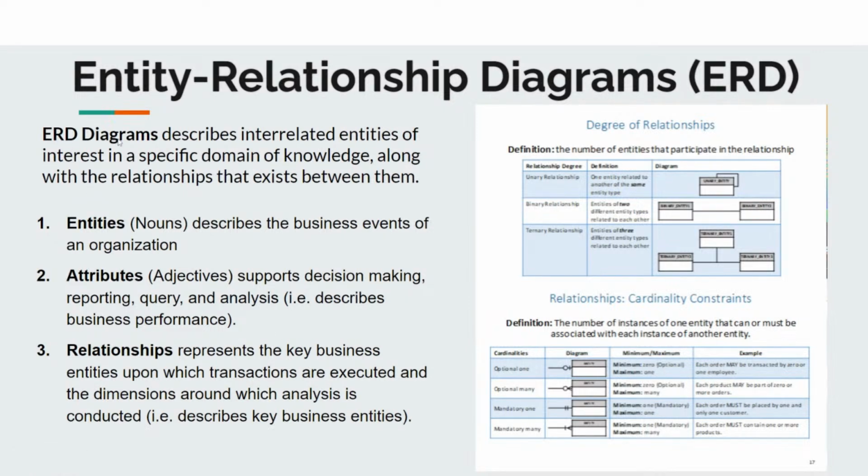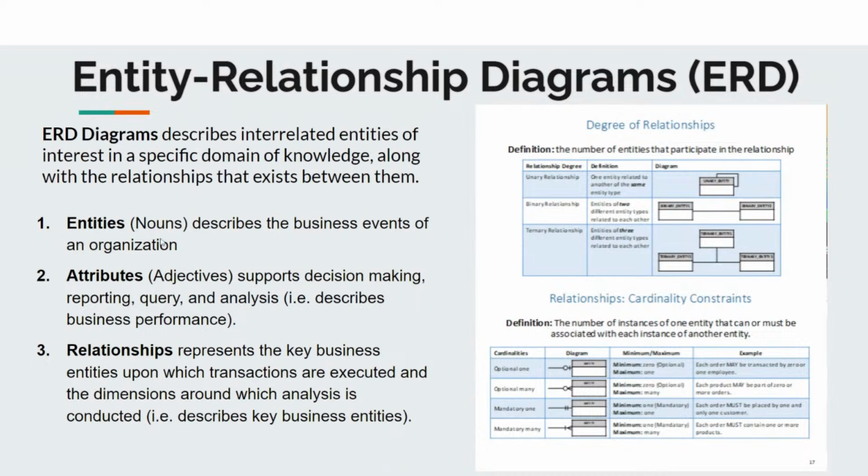So an ERD describes how entities are interrelated in a specific domain of knowledge, along with the relationships that come between them. So these are going to start to form really natural language. They're going to relate directly to not natural language, but relational database language.